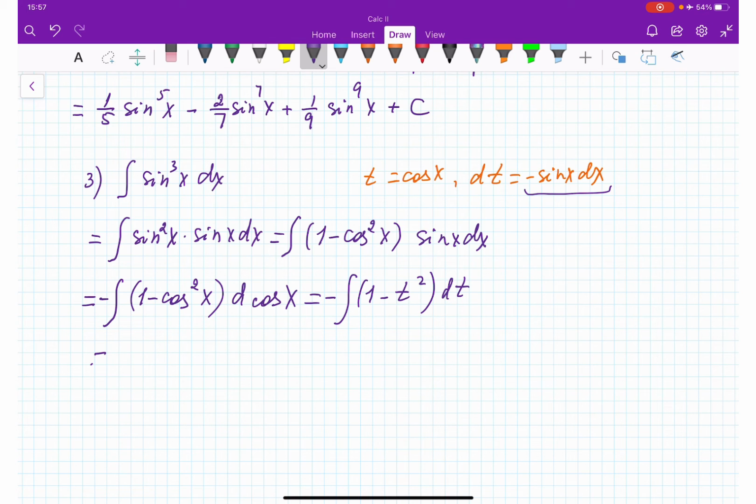And we are getting negative t plus t cubed over 3 plus c. Or bringing back our cosine, we are getting negative cosine x plus cosine cubed x over 3 plus c.